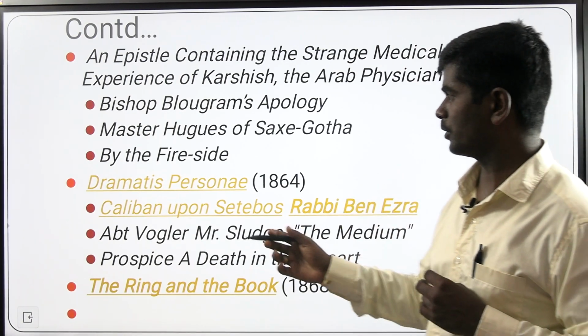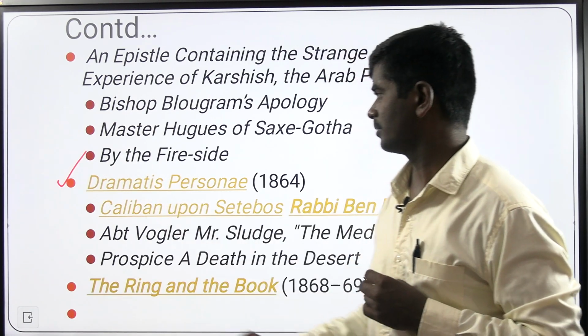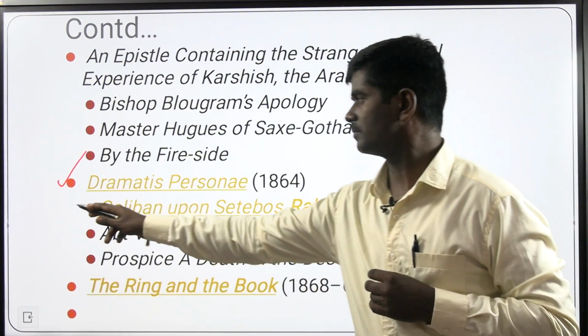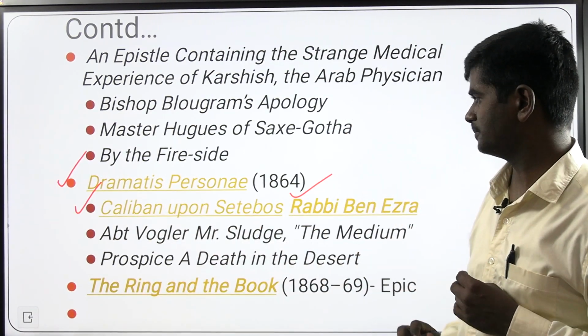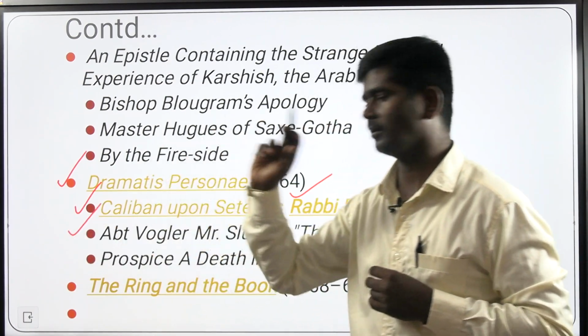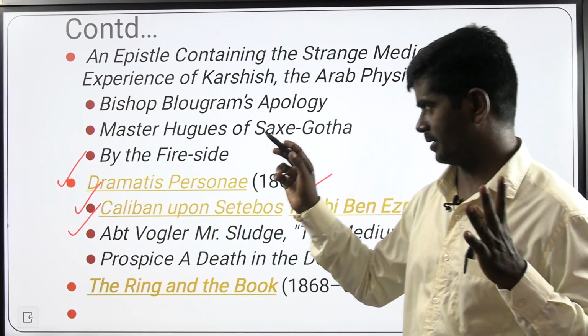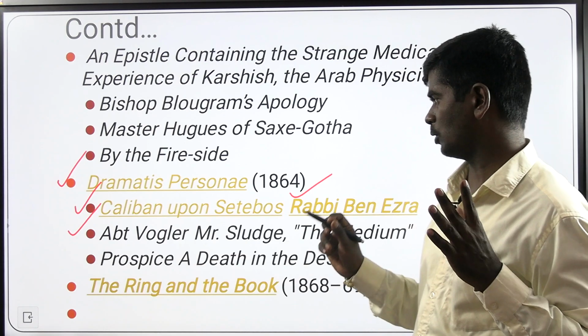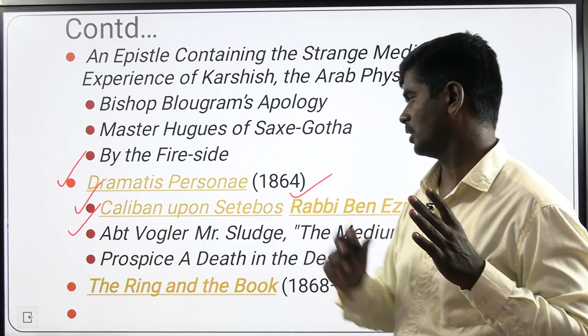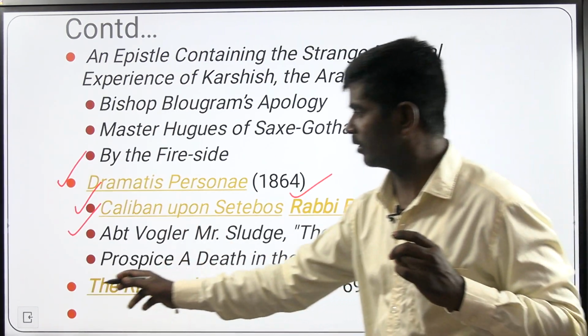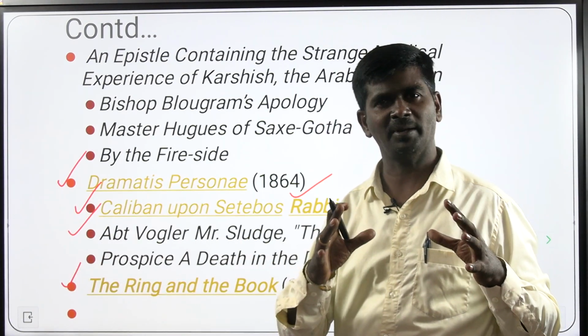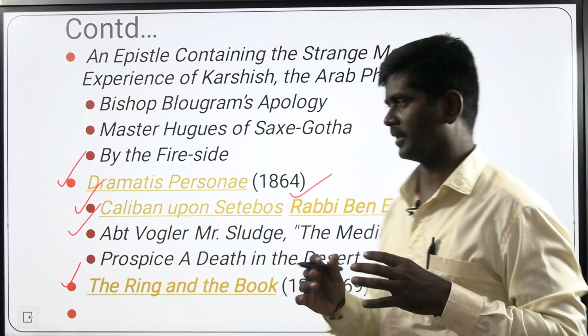Next, a very important one, the dramatis personae: Caliban upon Setebos, Rabbi Ben Ezra, and Bishop Blougram, important poems. Dramatis personae, Caliban upon Setebos, Rabbi Ben Ezra, and The Ring and the Book, a very important epic composed by Robert Browning.